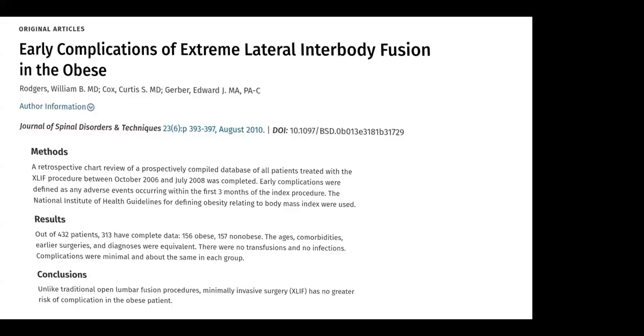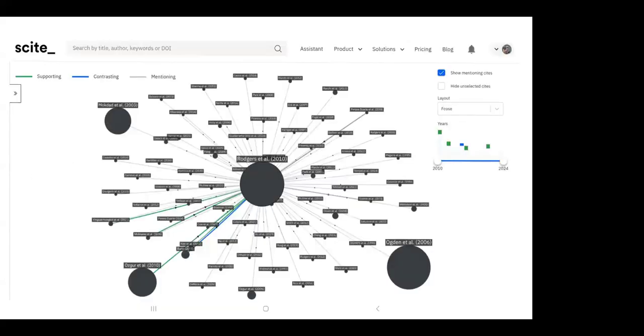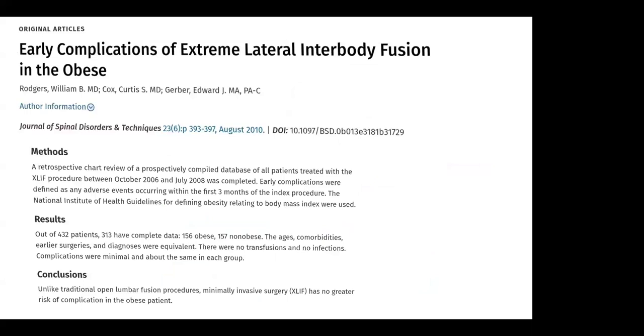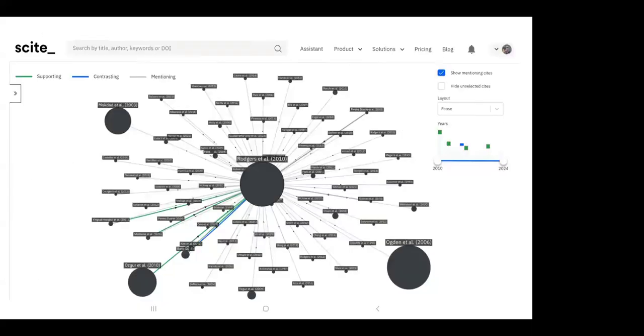When we look into the literature, some 15 years ago, William Rogers and Gerber published quite a big series of extreme lateral access procedures, and they didn't find any complication due to obesity in this kind of approach. I think this is quite interesting. And this paper, when it comes to obesity, you should maybe save, because it's very often cited, and it's nice that we have this data.